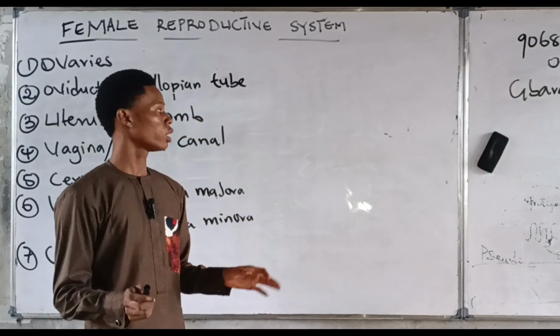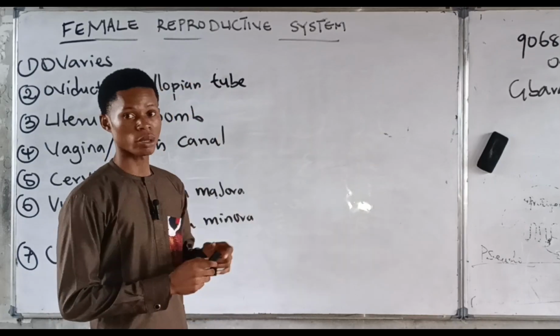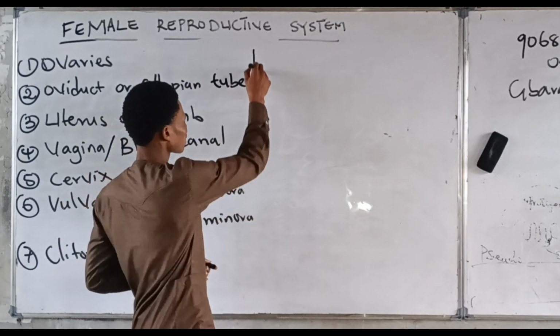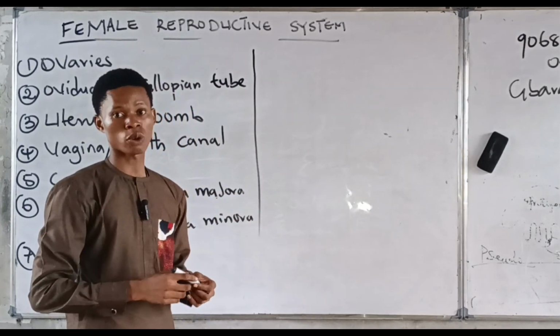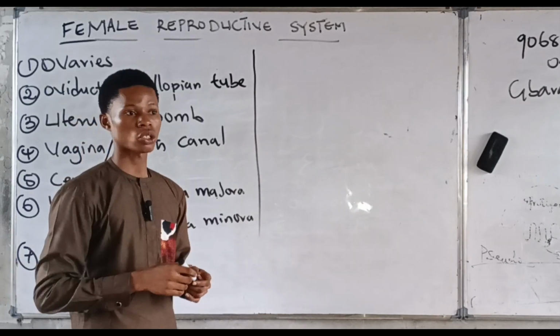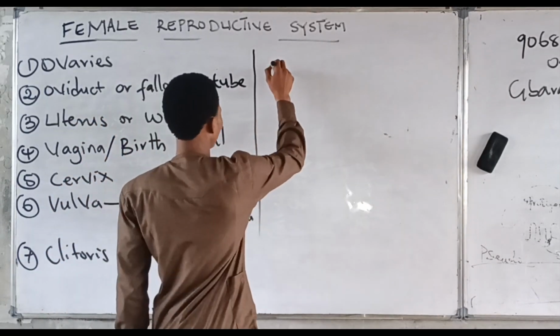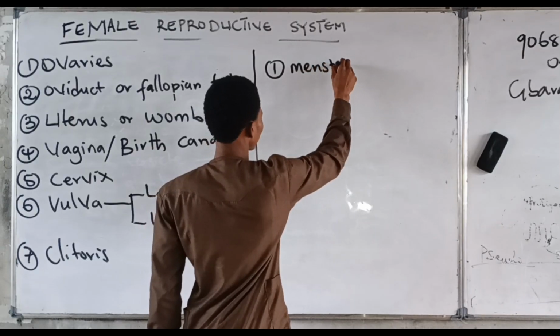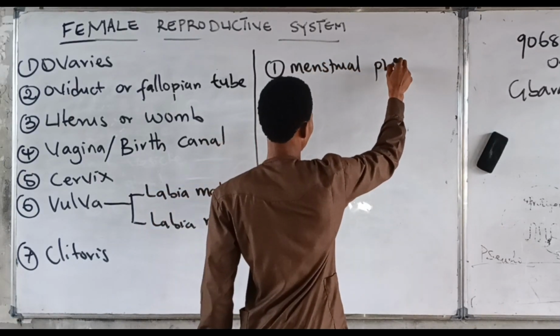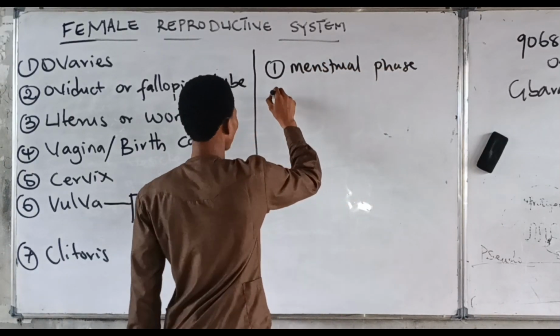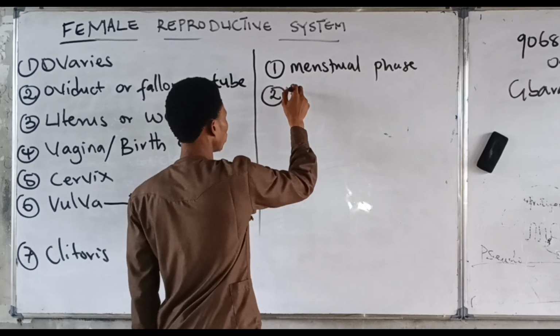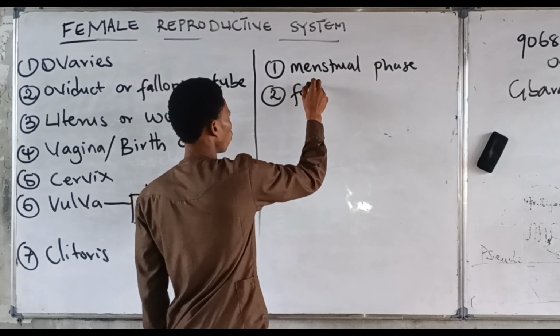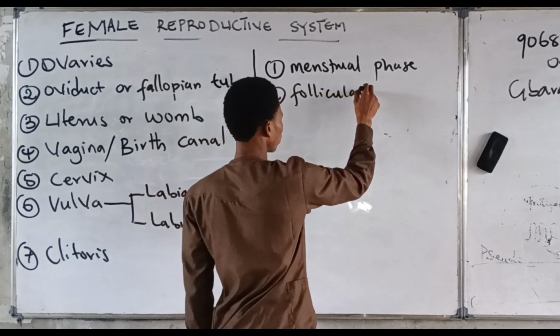Now, let's just look a little into the menstrual cycle. The menstrual cycle has 4 phases, 4 steps, 4 stages. A cycle does not have a beginning, but let me start from the menstrual phase. The second phase is what? After the menstrual phase is the follicular phase.